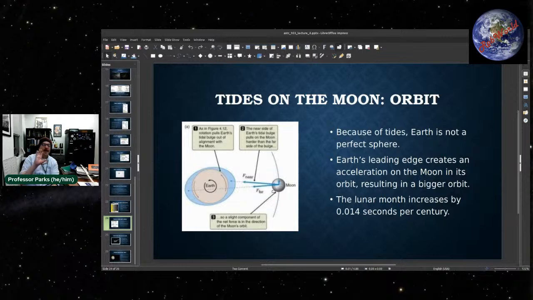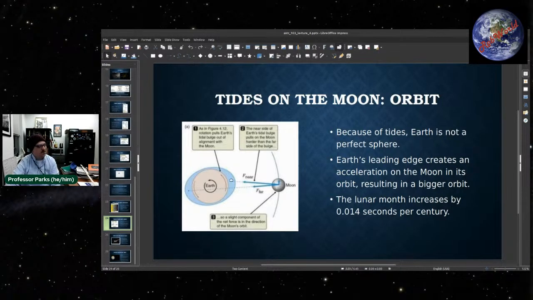But if you actually look at the rotation rate of the Earth down to fractions of a second, that changes constantly because the Earth is being slowed by the moon.